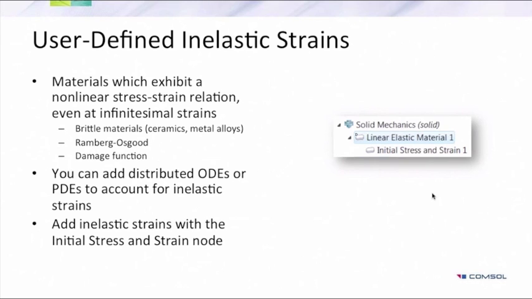You can prescribe the inelastic strains with the help of the initial stress and strain, which is a subnode to the linear elastic material. In those cases, you create your own degrees of freedom that calculate the inelastic strains, and those degrees of freedom are added to the model via the initial stress and strain node.